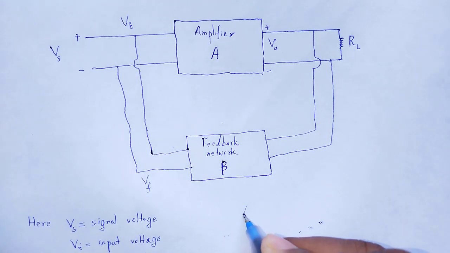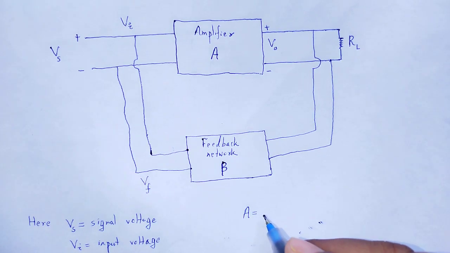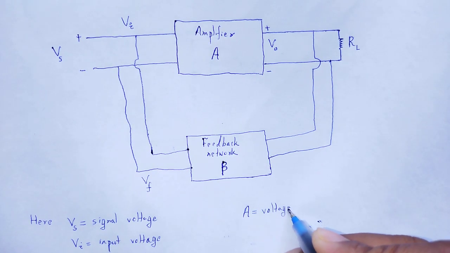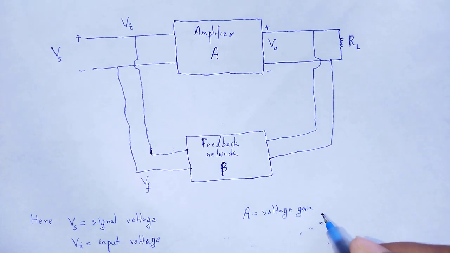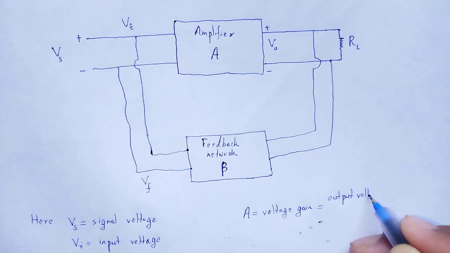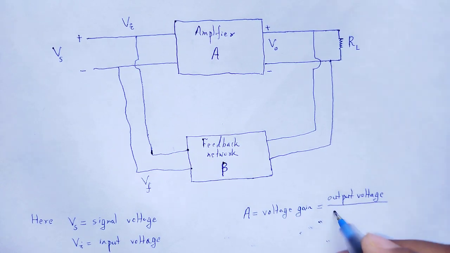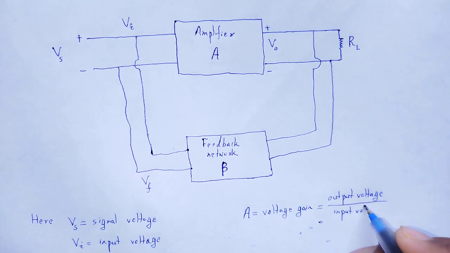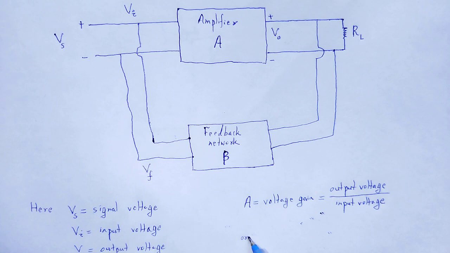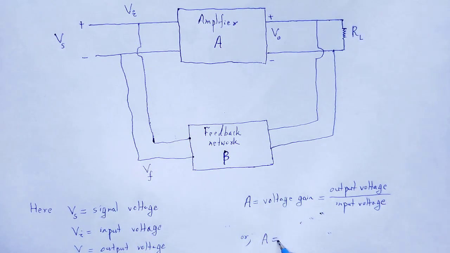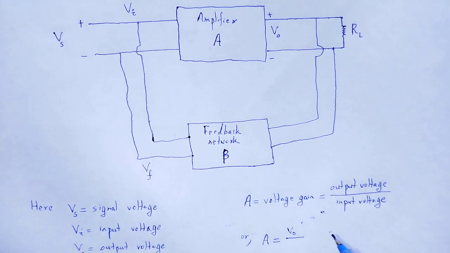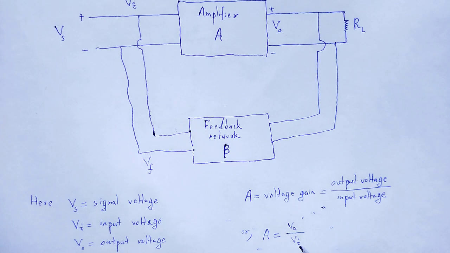And A is the voltage gain, that is output voltage divided by input voltage. Here let A be the output voltage Vo divided by input voltage Vi.